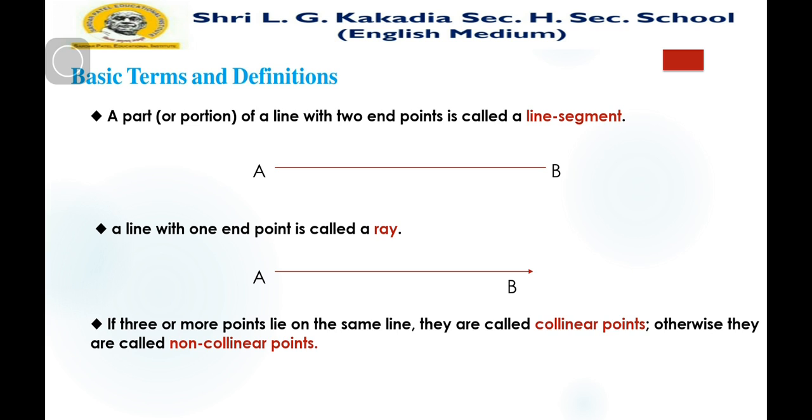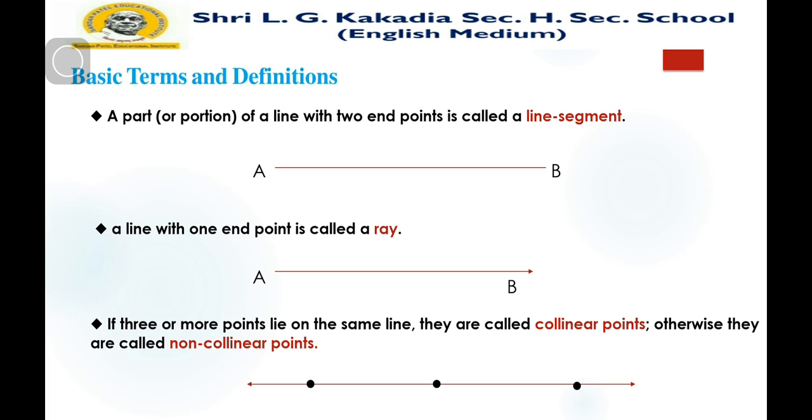If we take points on a plane, and we can draw one line passing through these 3 points, then these 3 points are known as collinear points. Only one line can pass through these points, so they are collinear points. And if it is not possible, otherwise they are called non-collinear points.